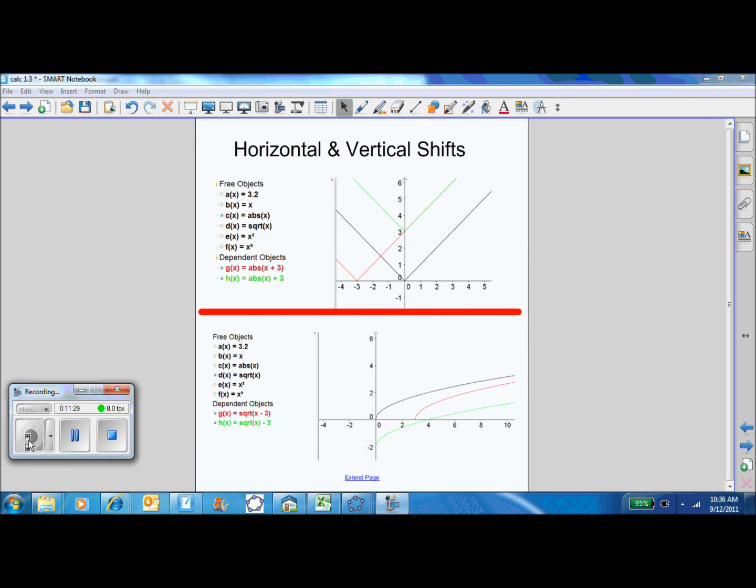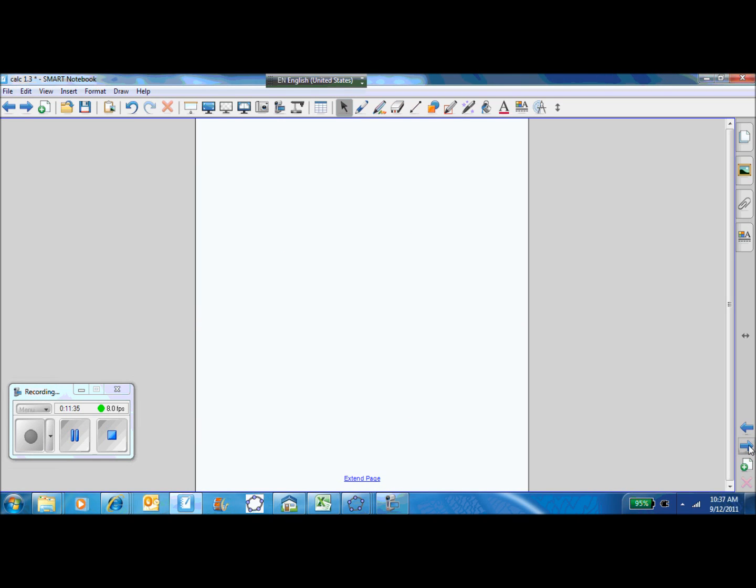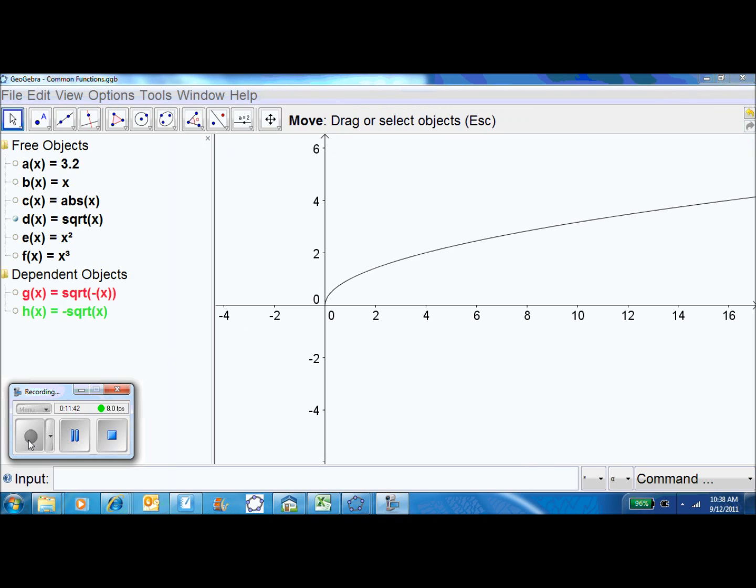Now let's see what happens when we reflect over axes. Using reflections. Here goes. Okay, here we are with square root of x again. We're going to experiment with what happens if we put a negative on the x inside the square root symbol. This is going to affect the x coordinates, because it's inside the functional notation.